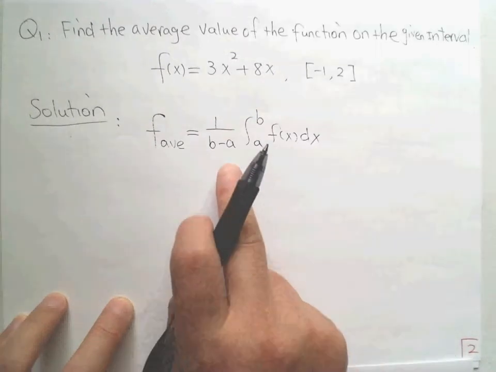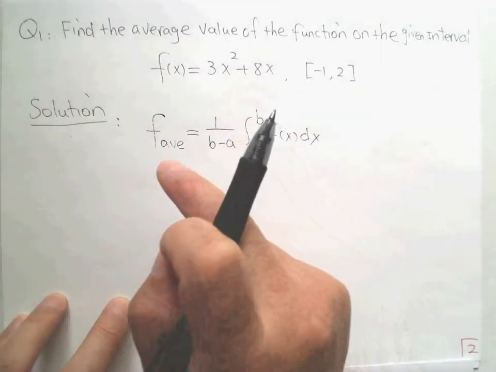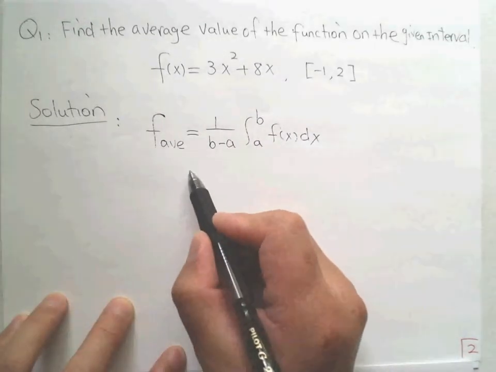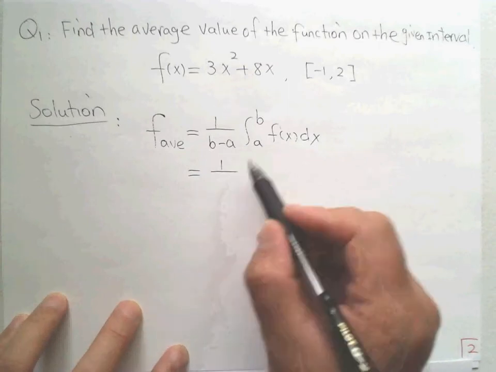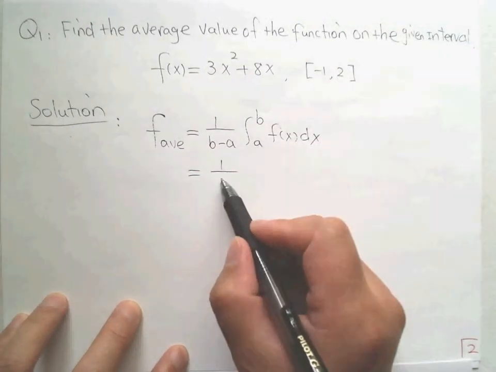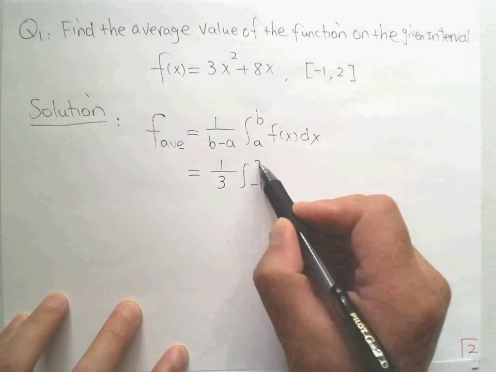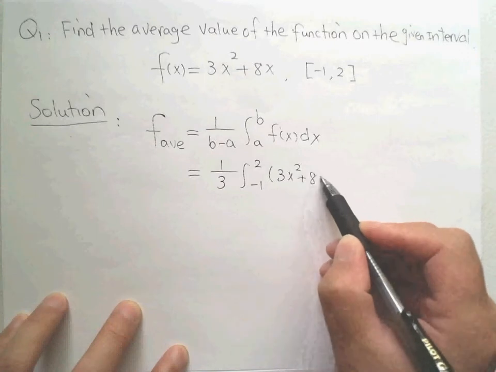I just showed you how to understand this: the area divided by the width is the average height of the function. Then plug everything in: 1 over (b minus a), where 2 minus negative 1 is 3, times the integration from negative 1 to 2 of f(x), which is 3x squared plus 8x.